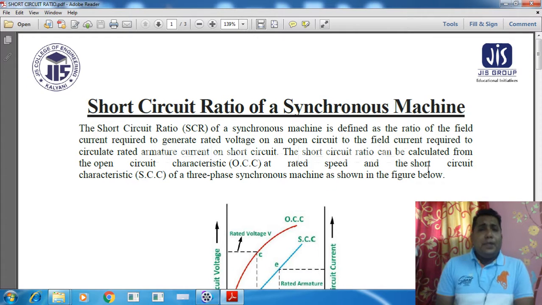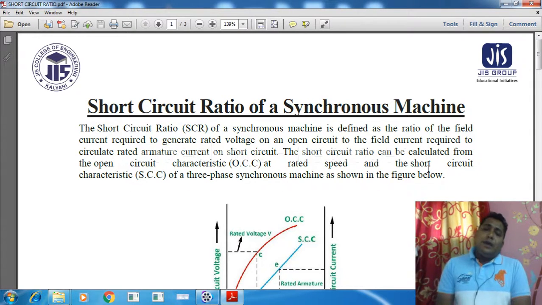So from there we can find out the short circuit ratio. Finding out the short circuit ratio has its own importance in considering the size and cost of a machine, and that's why I am discussing this topic today. First of all, we have to understand what the short circuit ratio, or in short SCR, is.